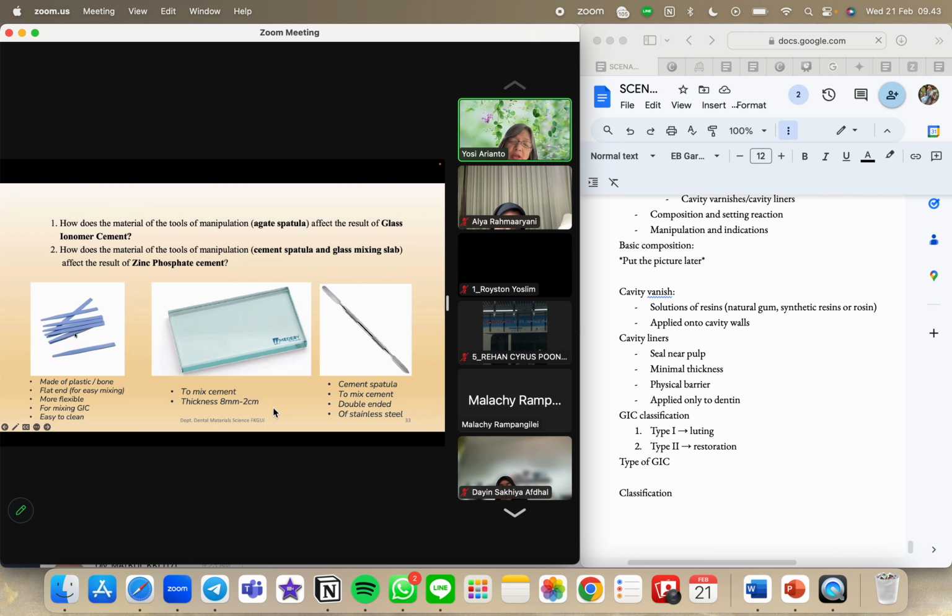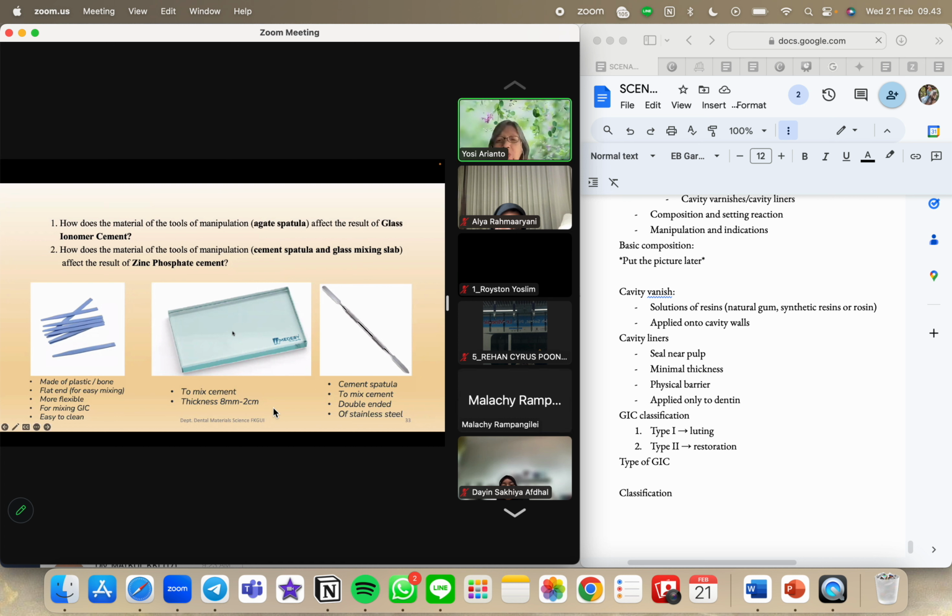Usually we use this one for GIC, yeah, and it is easy to clean, yeah. Sometimes we put it in a glass of water, yeah, so that the glass ionomer will be released, yeah.